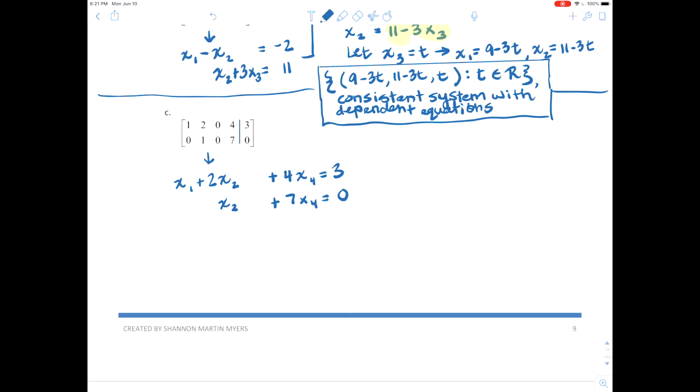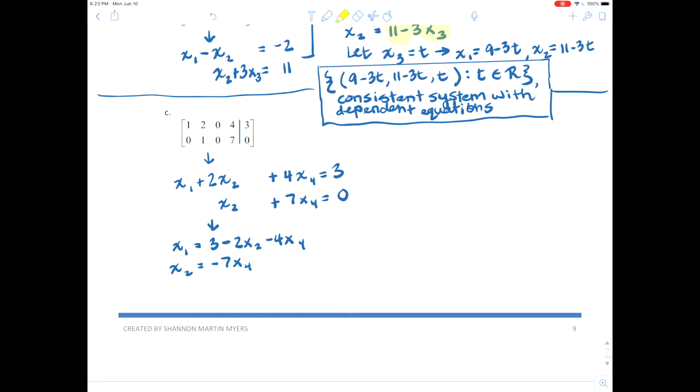So if I isolate x1, x1 will equal 3 minus 2x2 minus 4x4. And then x2, I'm isolating in the next one, and that's going to equal negative 7x4. So again, we've got x2 as part of x1.